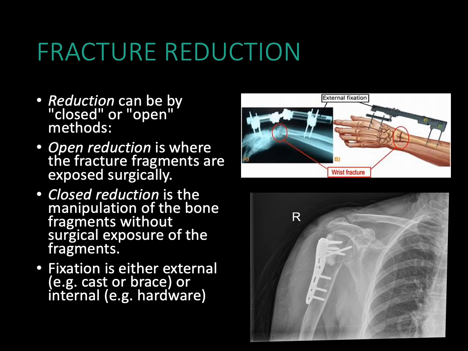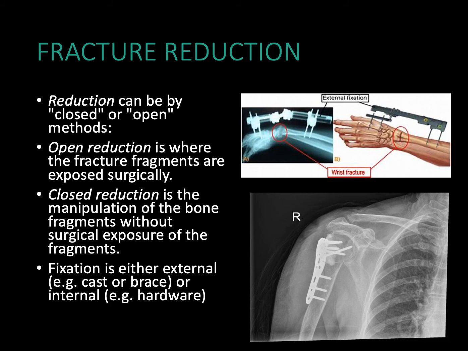You can do an open reduction, what's called ORIF, open reduction internal fixation, where they open it up just to get everything realigned properly. That's a surgical condition. Whereas a closed reduction is where they manipulate the bone without surgical exposure.